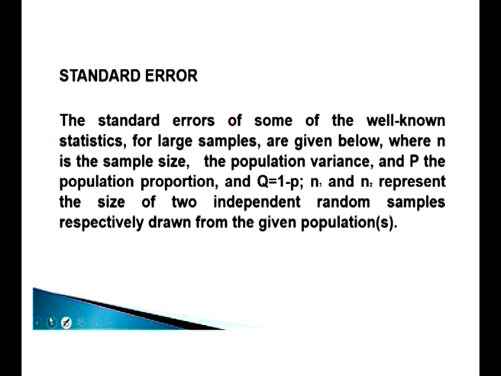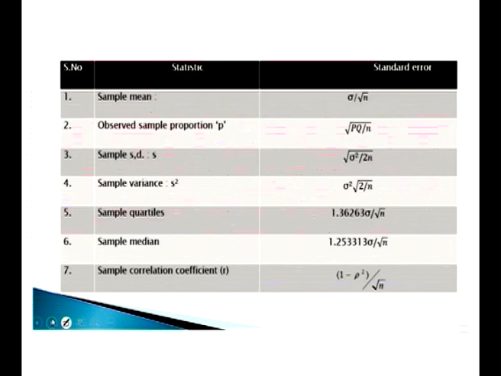The standard errors of some well known statistics for large samples are given below, where n is the sample size, the population variance is sigma square, p is the population proportion and q is equal to 1 minus p. n1 and n2 represent the sizes of two independent random samples respectively drawn from the given population. This tabular column describes the statistic and the corresponding standard error.